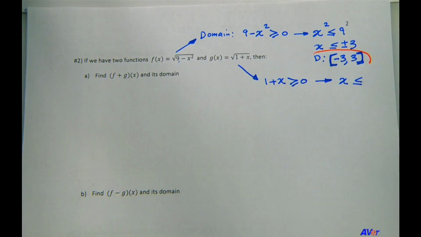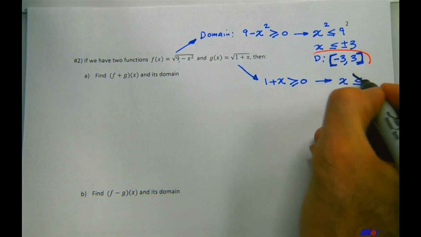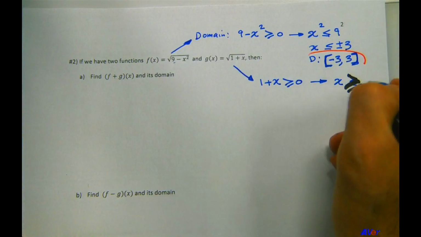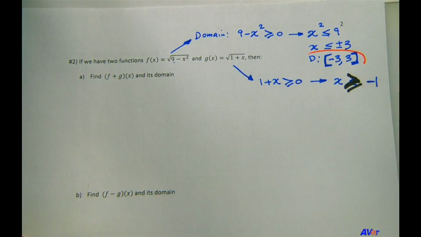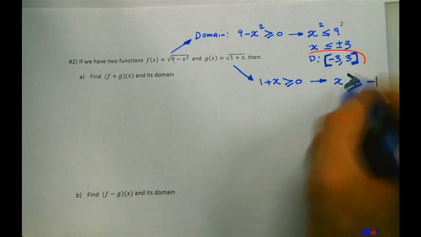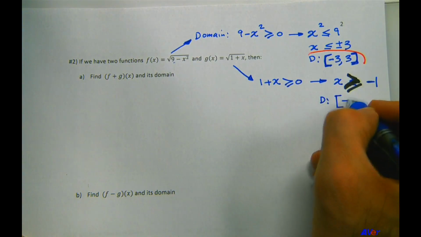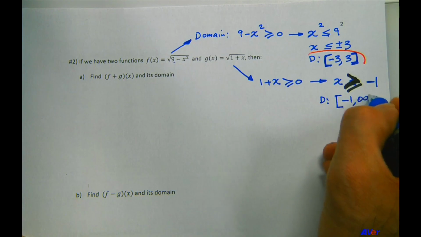Let me correct that: this has to be greater than or equal to minus 1. So the domain here would be bracket negative 1, comma, infinity.